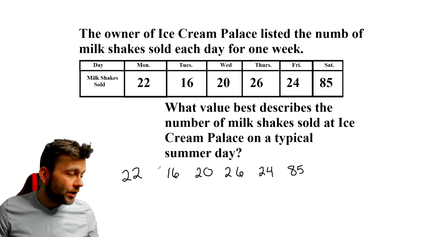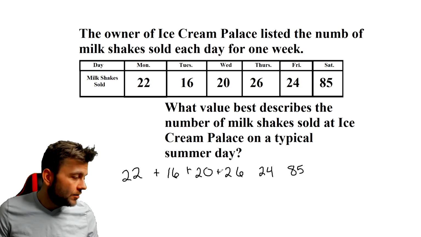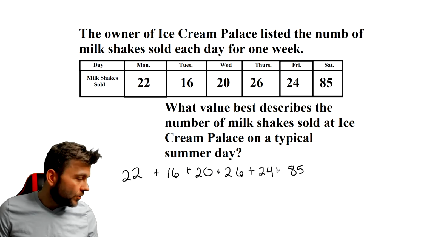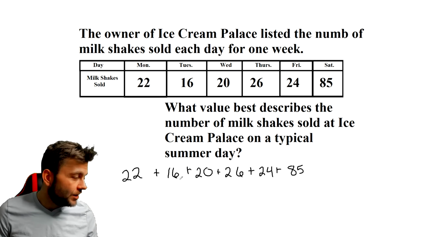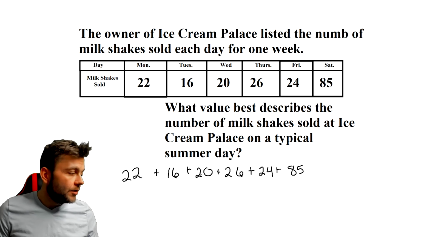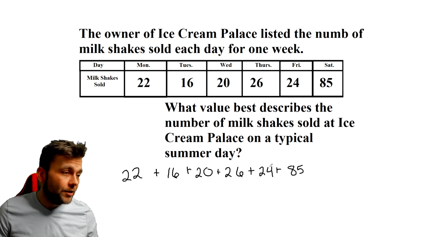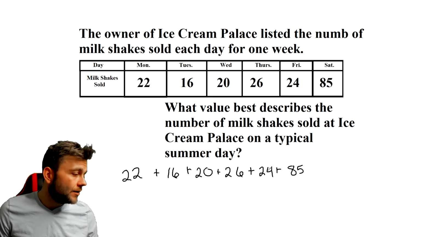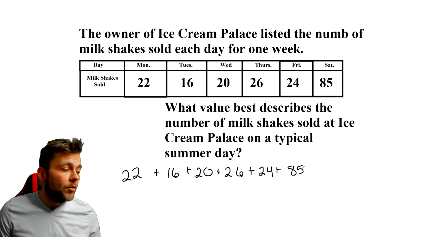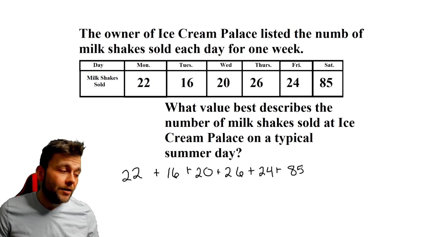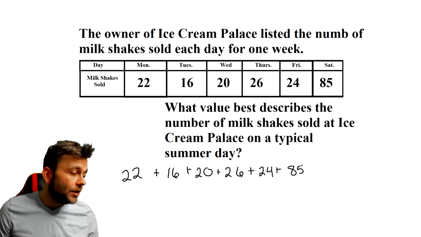So what you do is you're going to go through and add all of these values here. So we have 22 plus 16, that is 38, plus 20 is 58, plus 26 is 84, plus 24 is 108, plus 85 is 193.